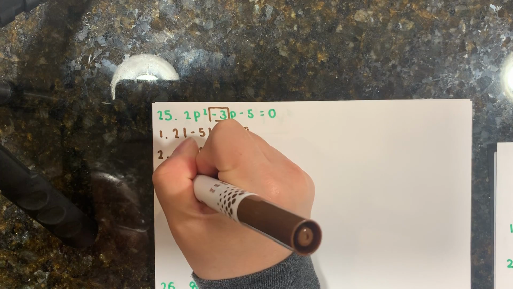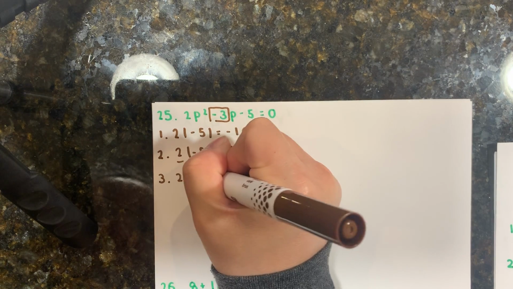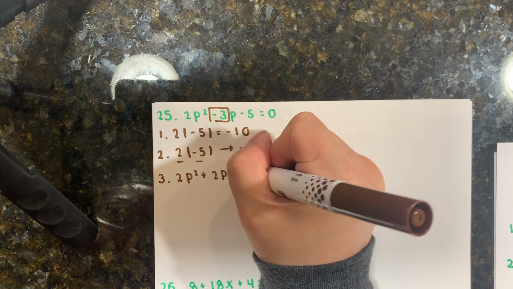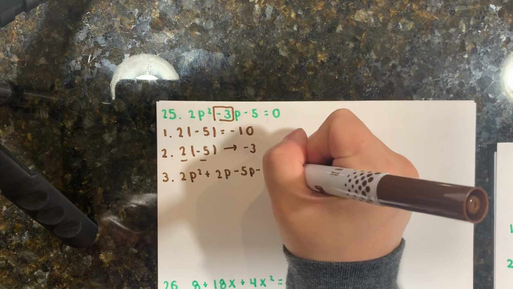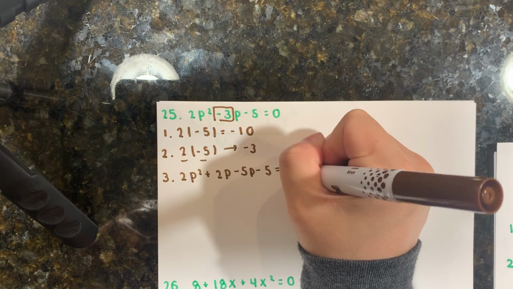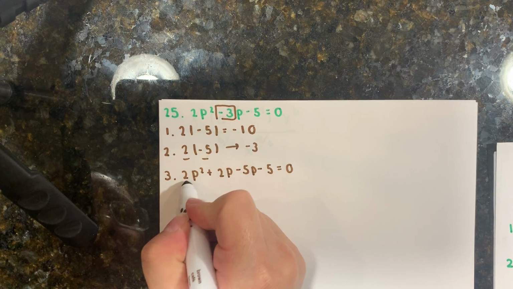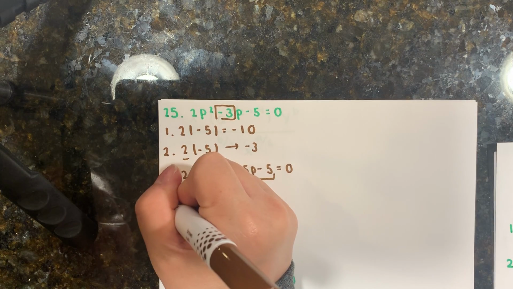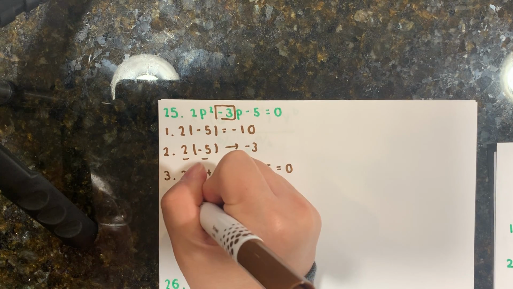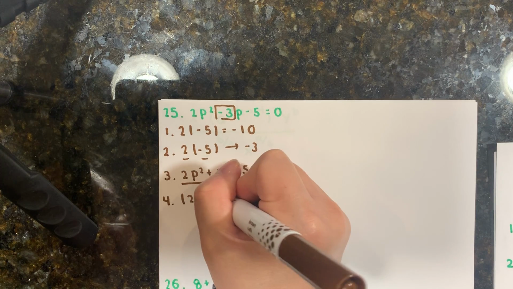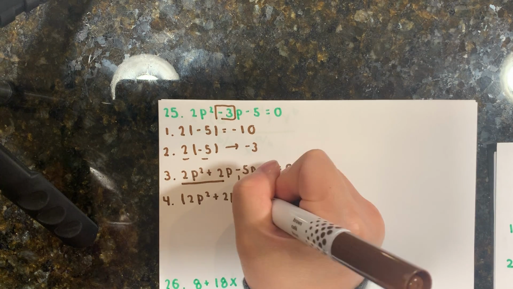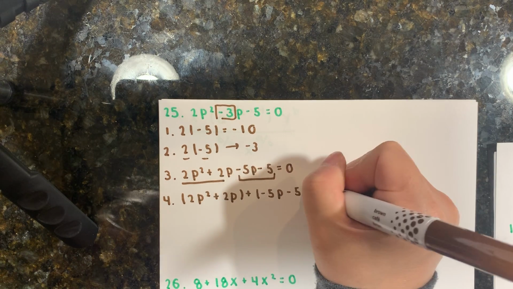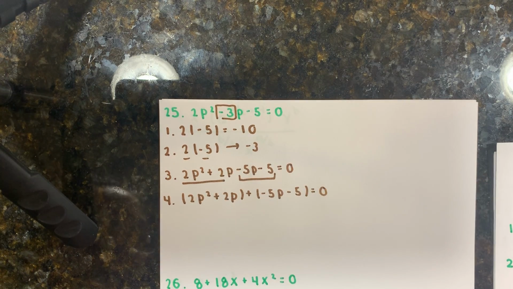So in step 3, I would have 2p squared plus 2p minus 5p minus 5 equals 0. You're going to separate this, your first parenthesis, this your second parenthesis. So 2p squared plus 2p plus negative 5p minus 5 equals 0.